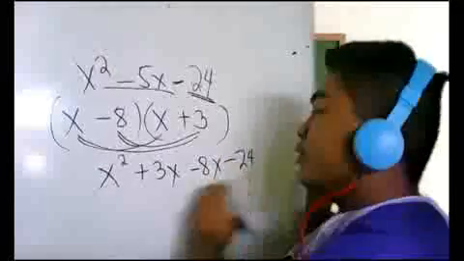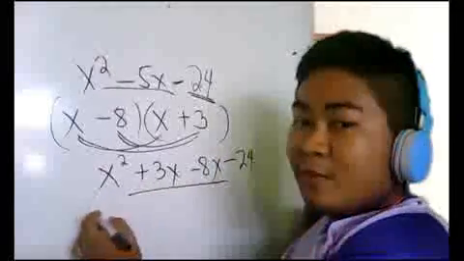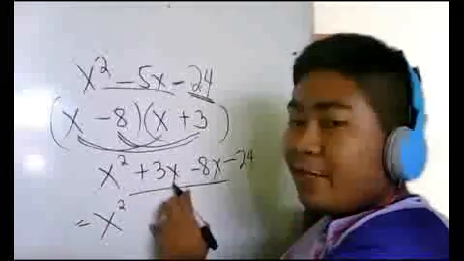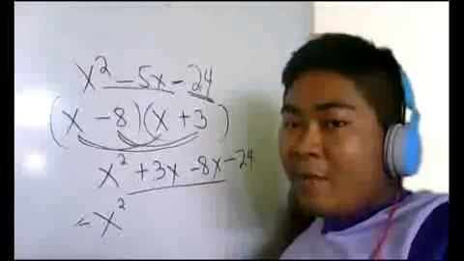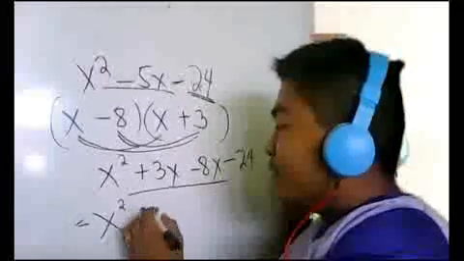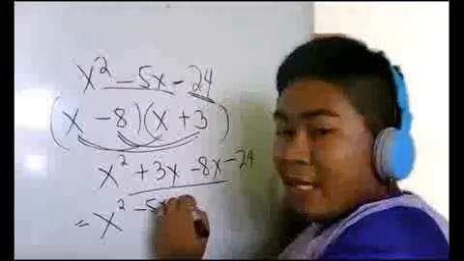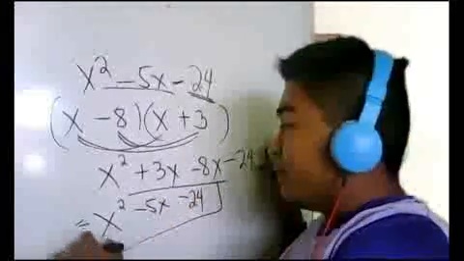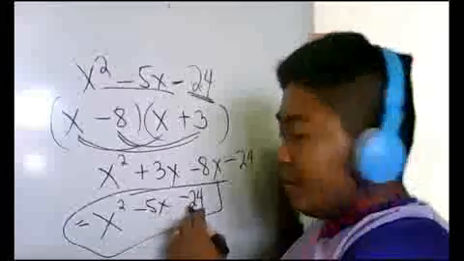So, if you combine like terms, that will give us x squared plus 3x minus 8x, which is negative 5x, and copy the last term, that would give us x squared minus 5x minus 24.